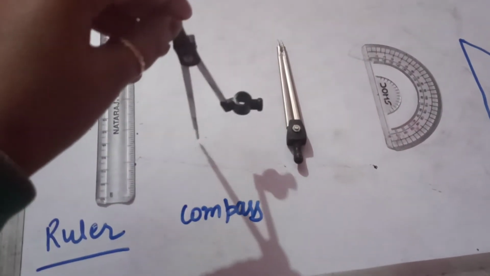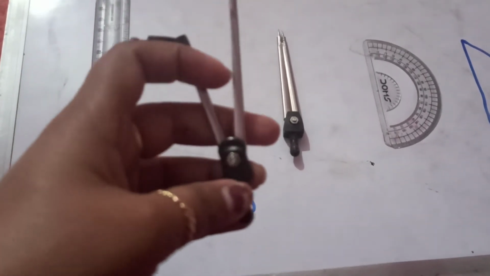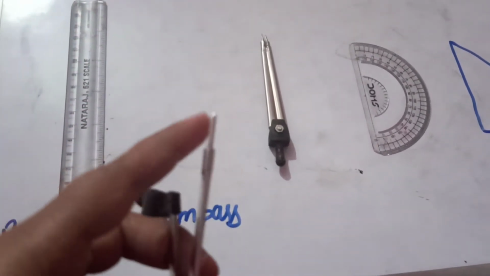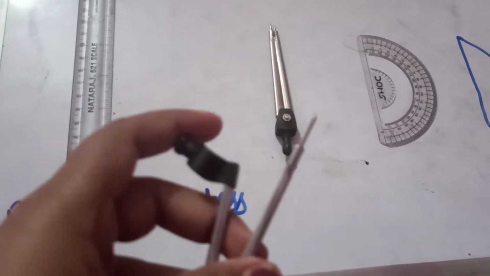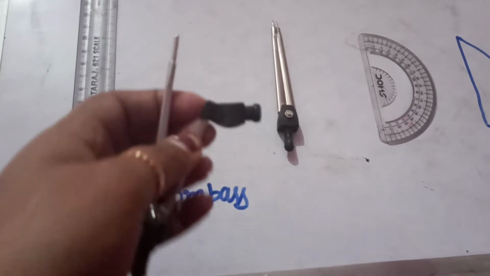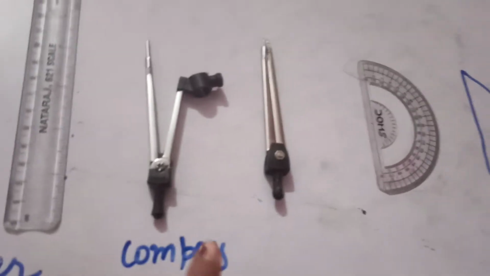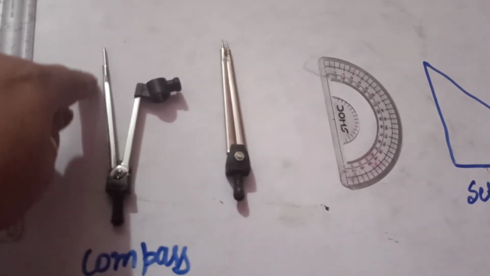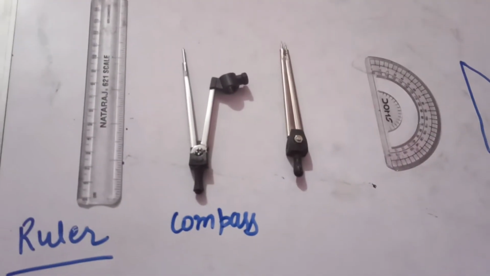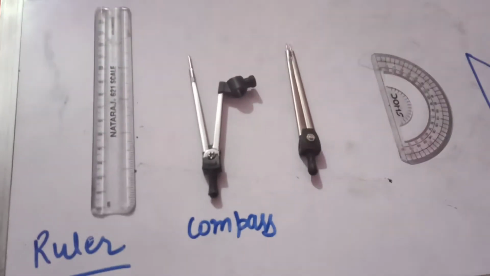Hinged means they are bound at these 2 legs at a point. One leg has a pointed needle, this one is the pointed, right? And the other has a pencil holder. Clear? This is about the compass.